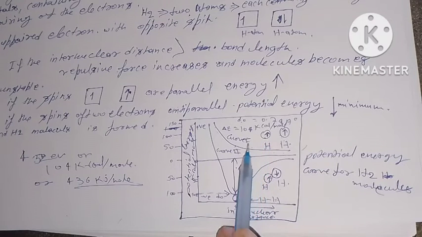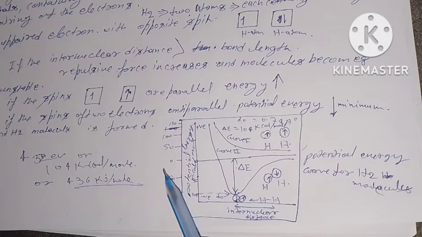According to the orbital concept, the 1s orbital of one H atom overlaps with the 1s orbital of the second atom to the maximum extent. According to Heitler and London, a covalent bond is formed by the overlap of two orbitals each containing an electron of opposite spin.